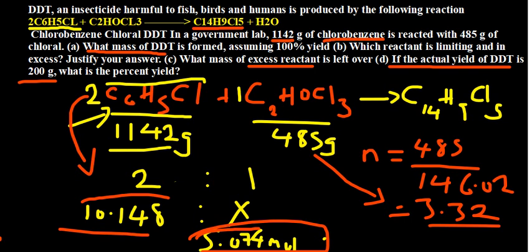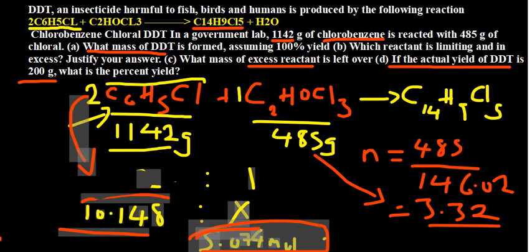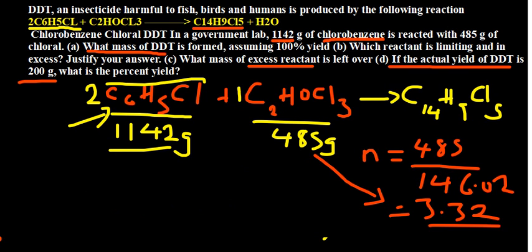Okay, so let's try to move on. This is one way of determining the limiting reagent. Equally, if we had used chloro to determine the number of moles of chlorobenzene that are required, let's try to work that out as well, so that you understand there are 2 ways of going about it.